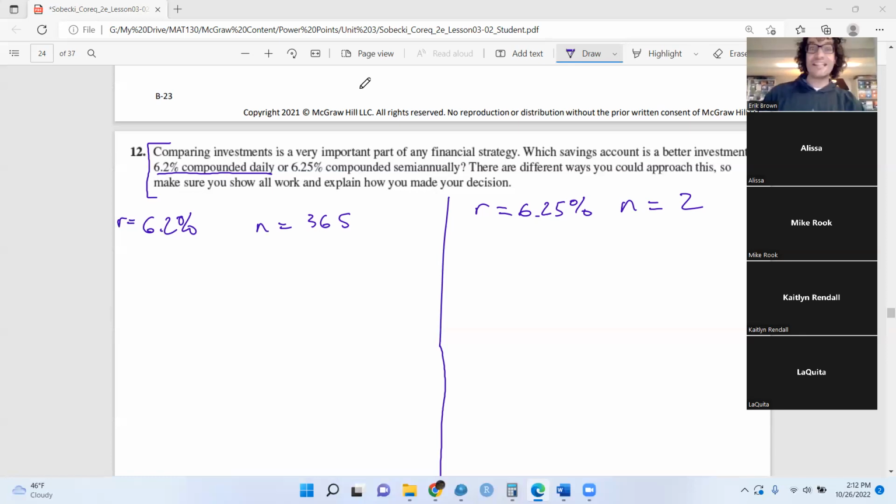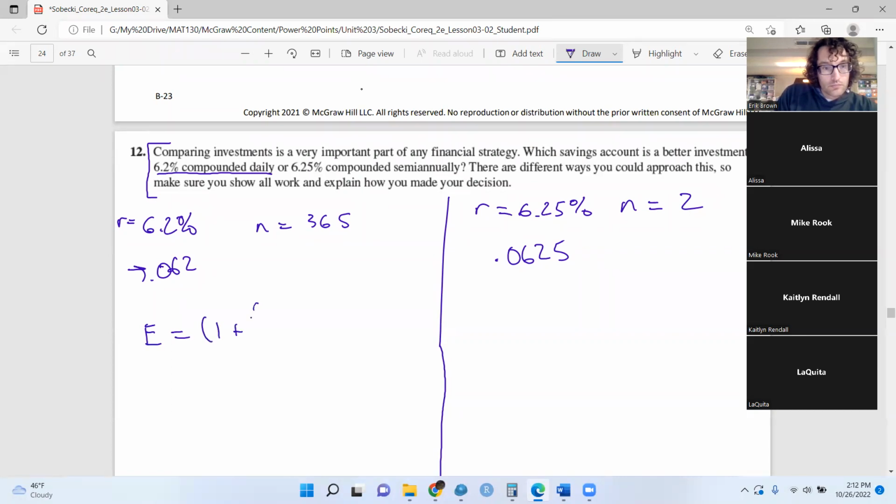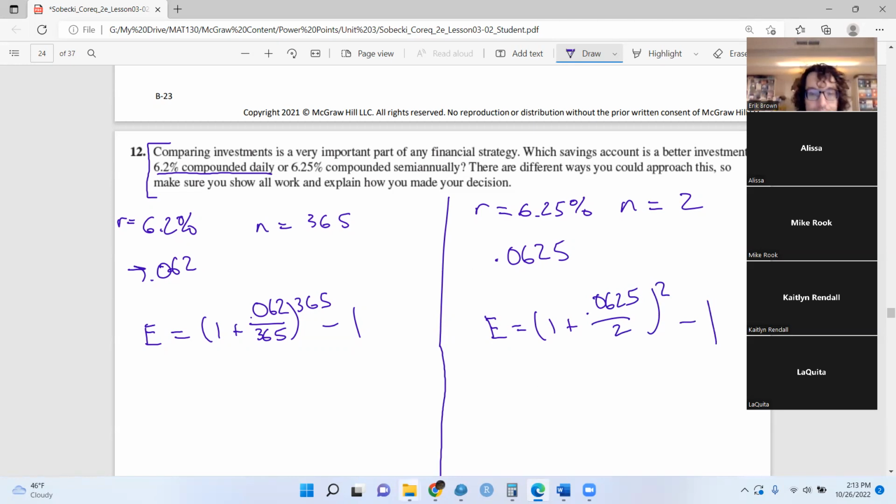Anyone get the effective rates, I should say? So you calculate the first one, and that's how you get the second one.